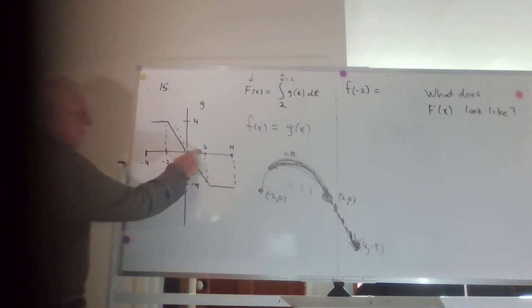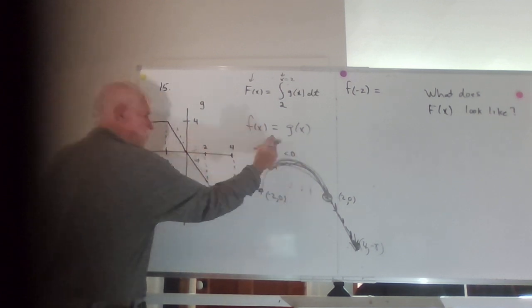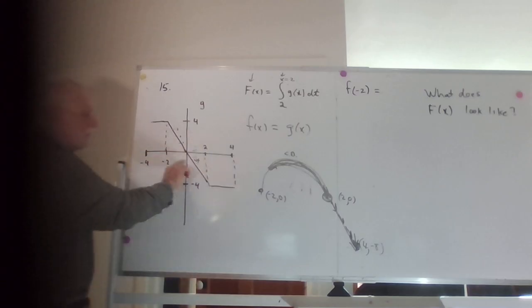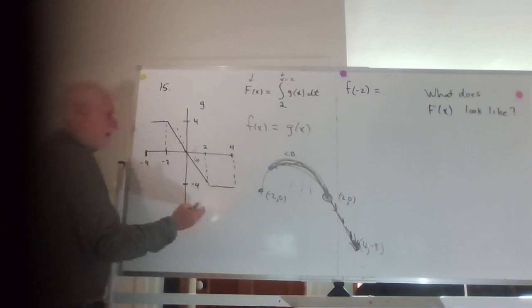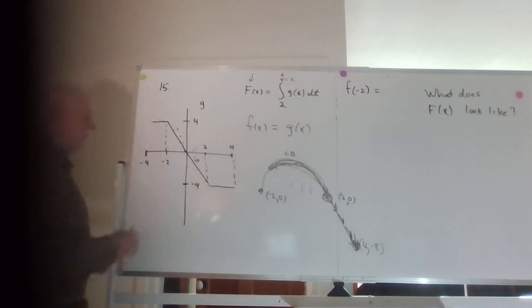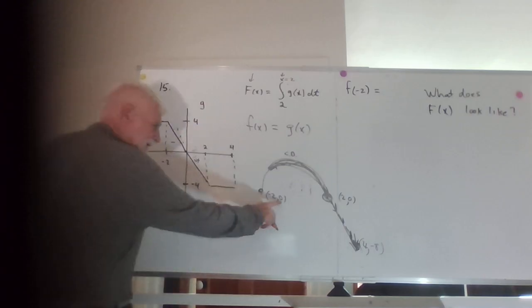Why? Because negative times negative is positive area. Going up as I look backwards, as I looked into the future, yeah, I'm going down. So if I look into the past and rewind, I'm going up. And then this is negative area. They offset each other. So I'm right back to 0.